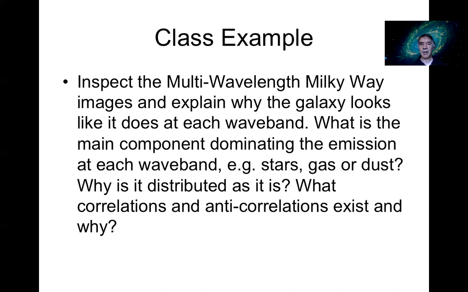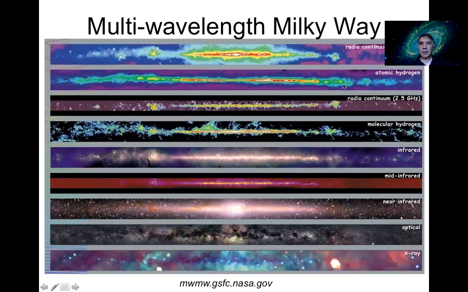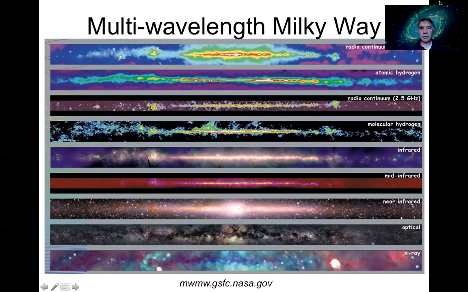So if there are certain things that will pick out massive star-forming regions, for instance, do they all look the same, even though they're probed at different wave bands? Here are the pictures. They go all the way from long wavelength radio continuum. Some of these are in frequencies, apologies.